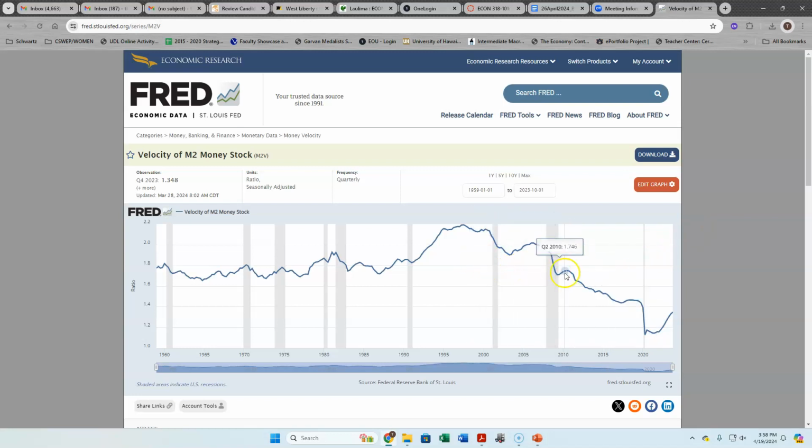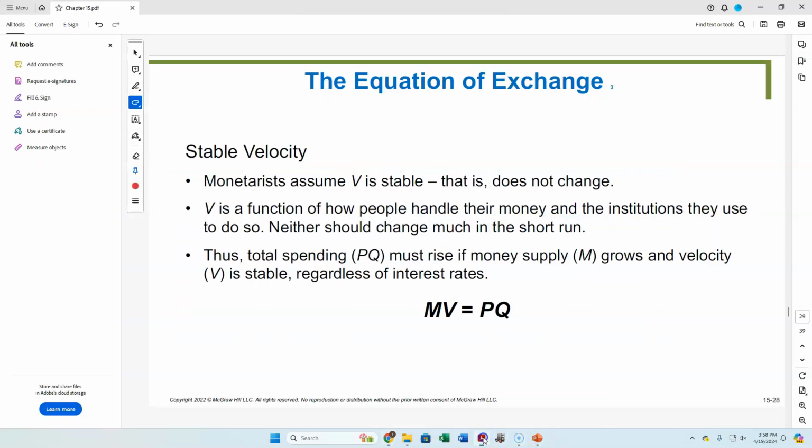And we do see some pretty significant changes, at least since the 2008-2009 financial crisis. And that's notable. But even then, the changes aren't that significant as a ratio.